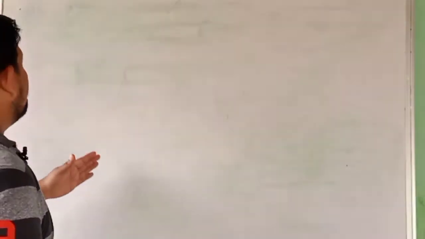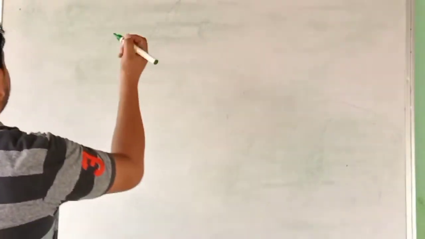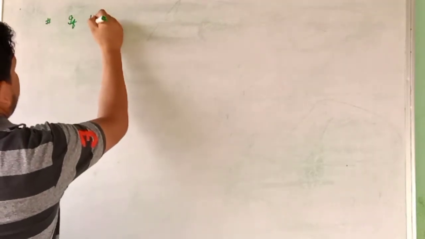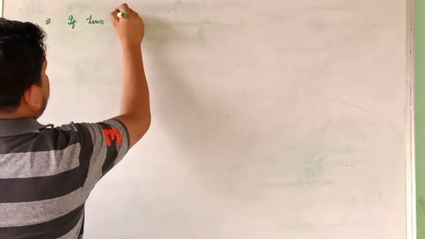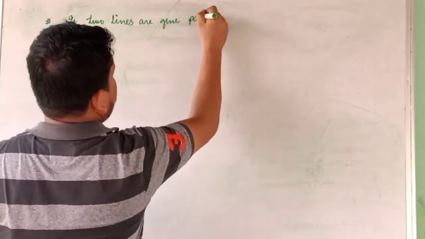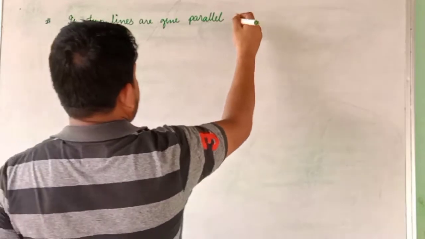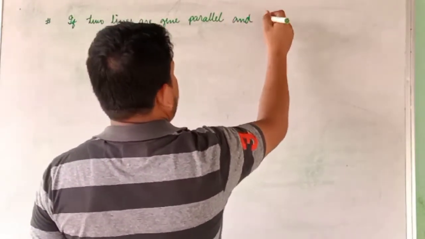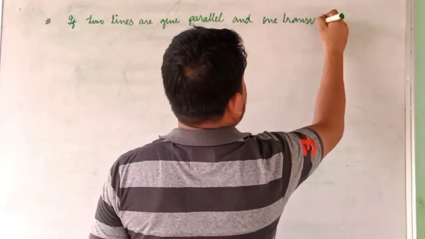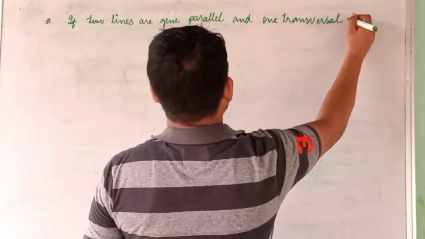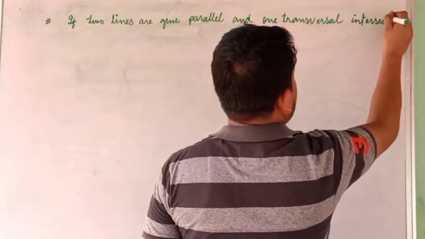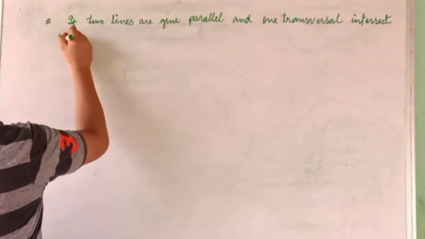Here we shall be learning what happens when two lines are given to us parallel, and one transversal intersects these two parallel lines.